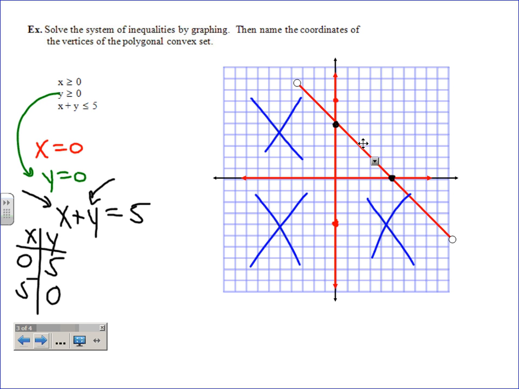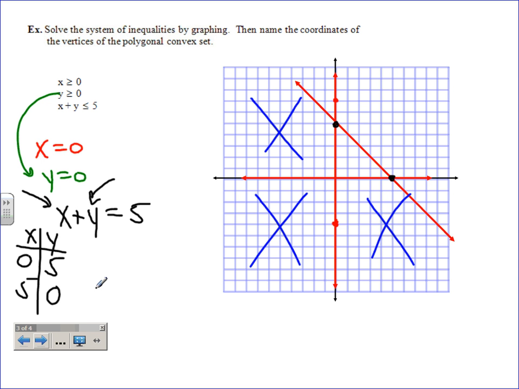Now we got to decide which way to shade. We know so far it's the first quadrant, so now we have to figure out above or below this line. Can I try 0, 0? If I'm basing it off of this slanting line, can I try 0, 0? I can. Is it okay that the other two are hitting 0, 0? It's fine. I'm just trying to decide just that line.